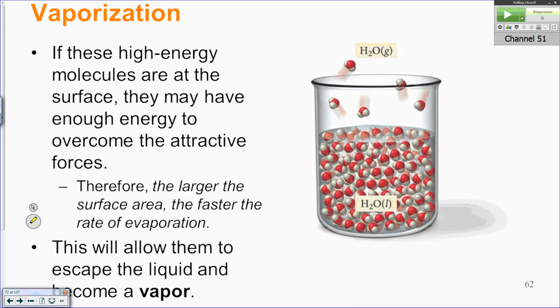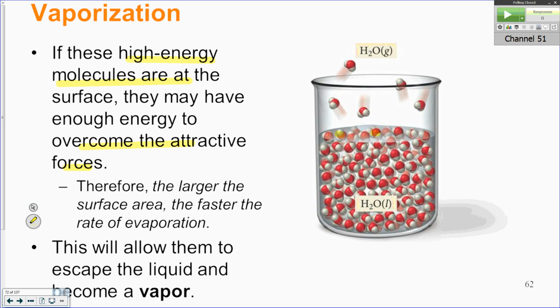When we talk about the process of vaporization, we want to know if there are enough of the high energy molecules on the surface. What happens is they get enough energy that they can overcome the attractive forces. If you want to think of them, they're sitting on the surface and they're shaking, like you're trying to hold back 15 kindergartners trying to get to the suckers.